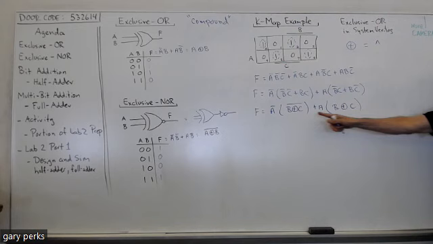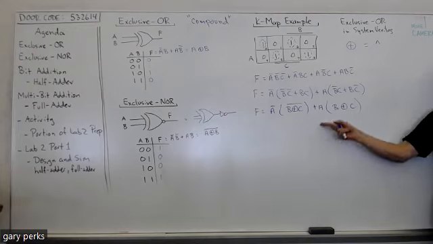Okay, I could write it like that, where I'm using the shorthand for exclusive NOR and I'm using the shorthand for exclusive OR.